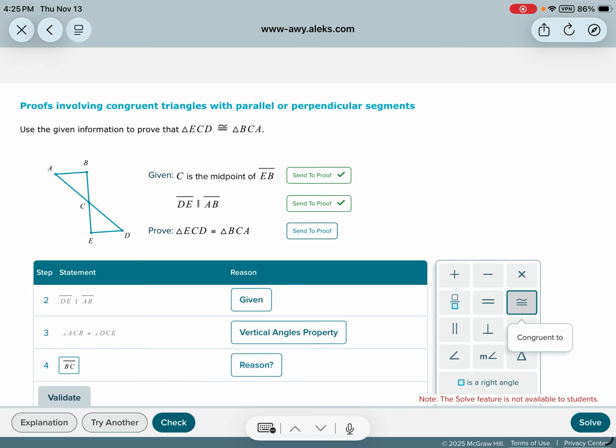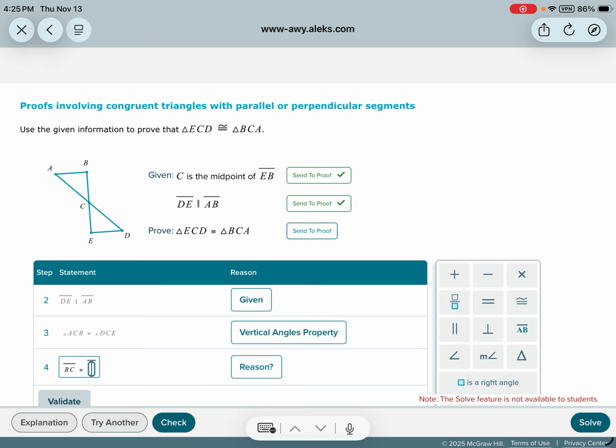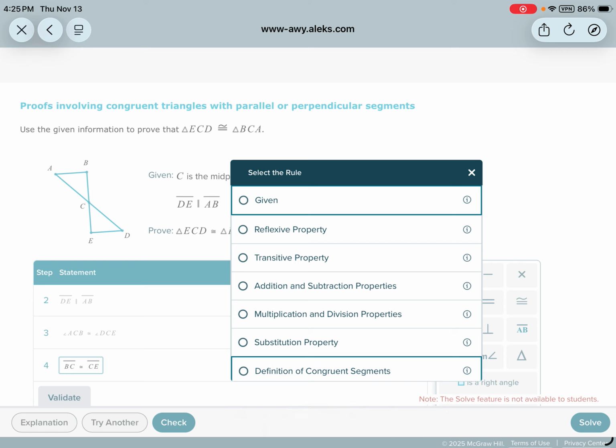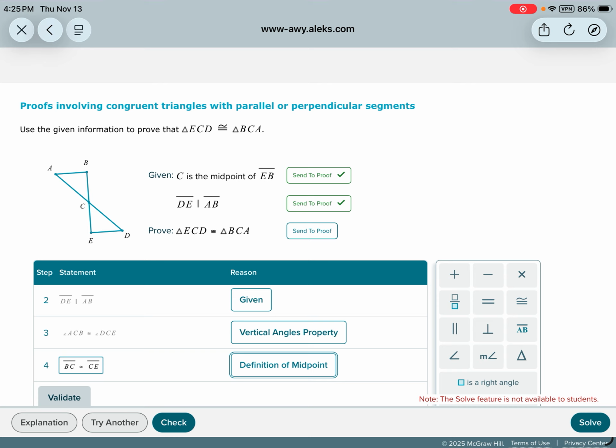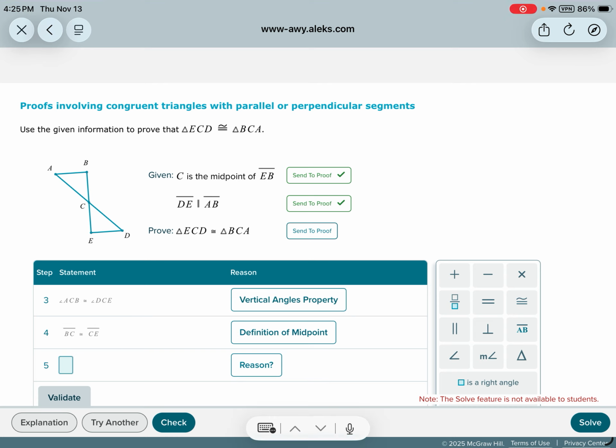BC congruent to CE. And for this one, we need to use the same word. If it's midpoint, it's because we defined midpoint. Definition of midpoint.